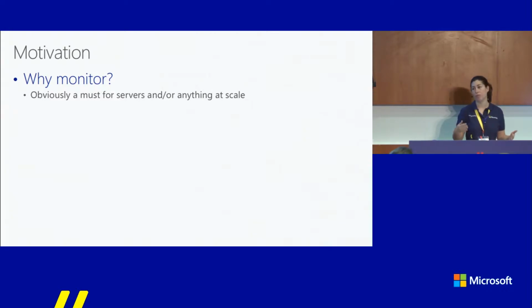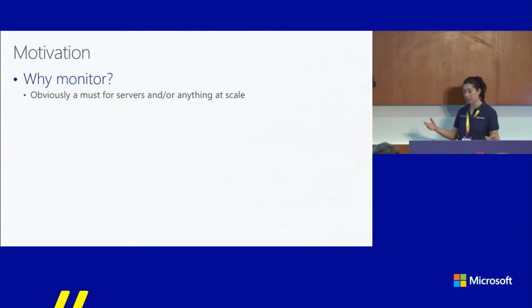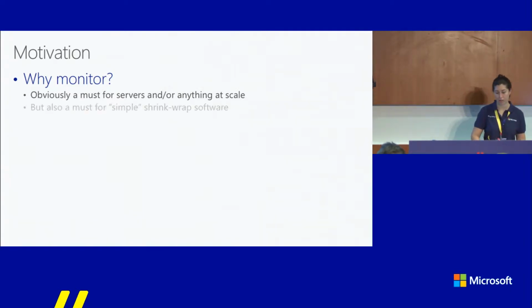You can't wait for the users to call you and tell you anything is wrong. You can't wait for actual negative value to happen. You have to be able to stop things before they cause damage to your clients. And since we're talking about scale, about large systems, you obviously can't do that manually. It has to be automated. But that's, again, the obvious stuff.